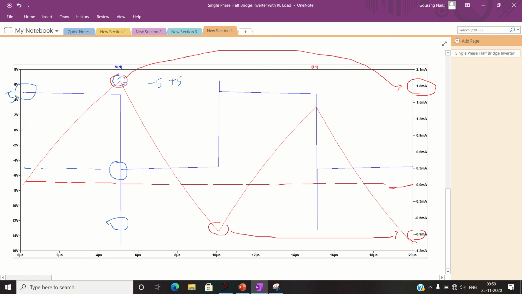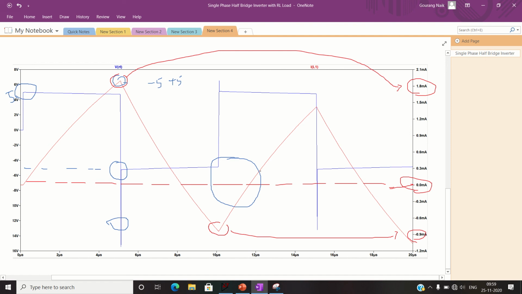What you can observe here is that for some part of your waveform, if you see this second section, I will split this.